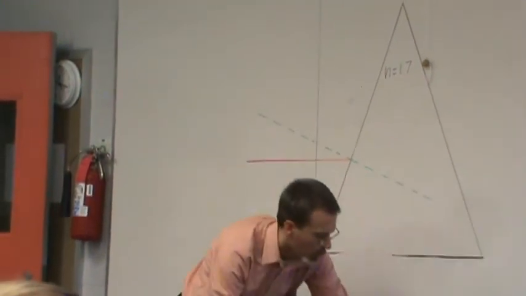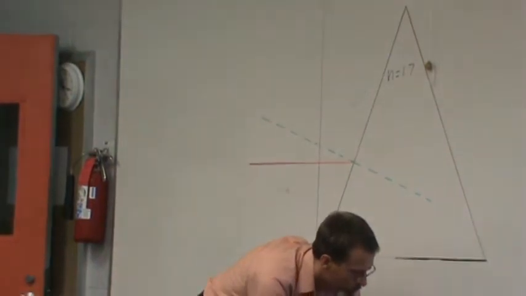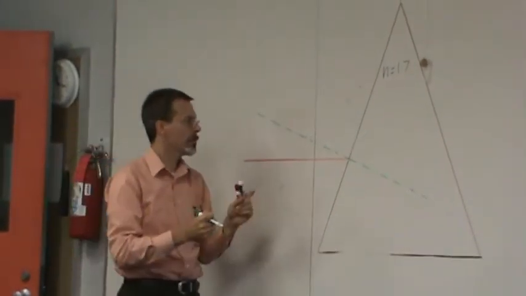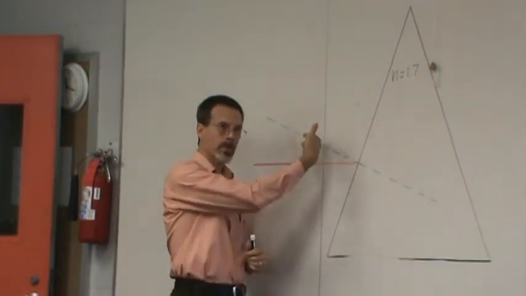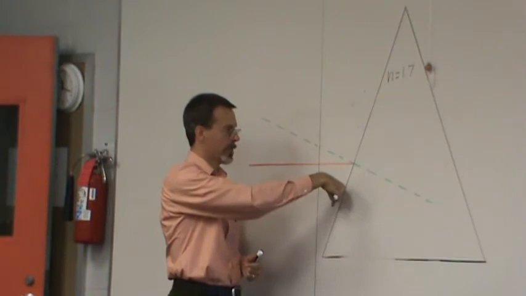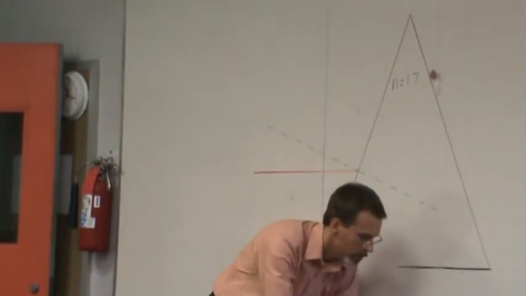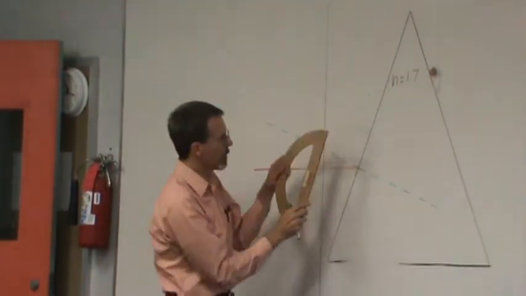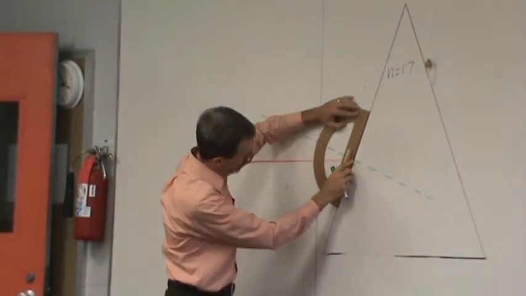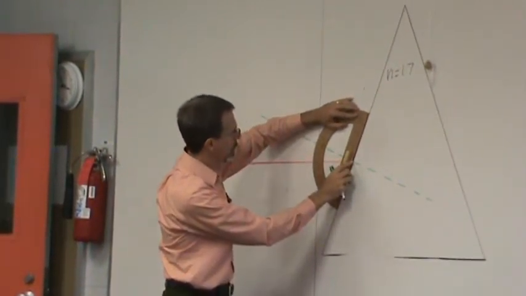And so what we're going to do is measure the angle. And we always measure from the perpendicular. Snell's law doesn't work quite right if we measure from the surface. So I'm going to put my protractor up here, line the center of the protractor right up with that spot.